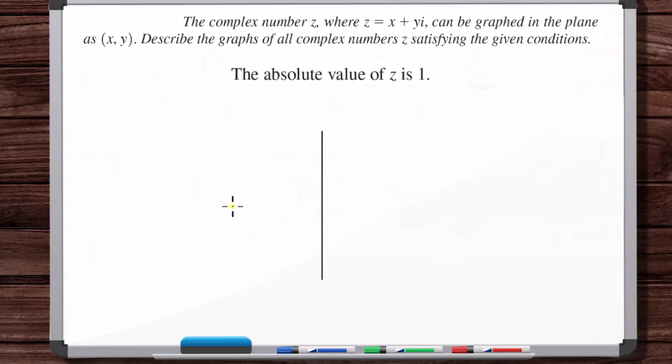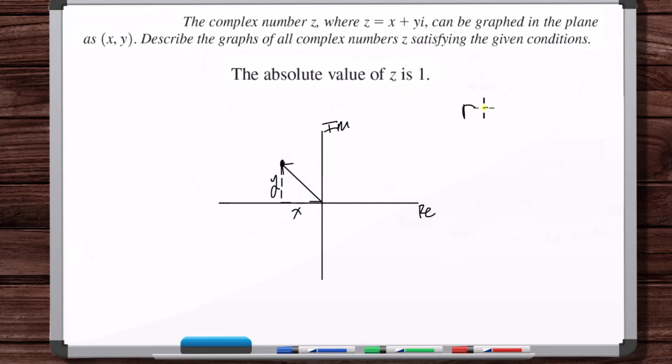Okay, so we've got this complex number here in rectangular form, so here's an x value, here's a y value. So the absolute value of z, that's the modulus, or the r value.